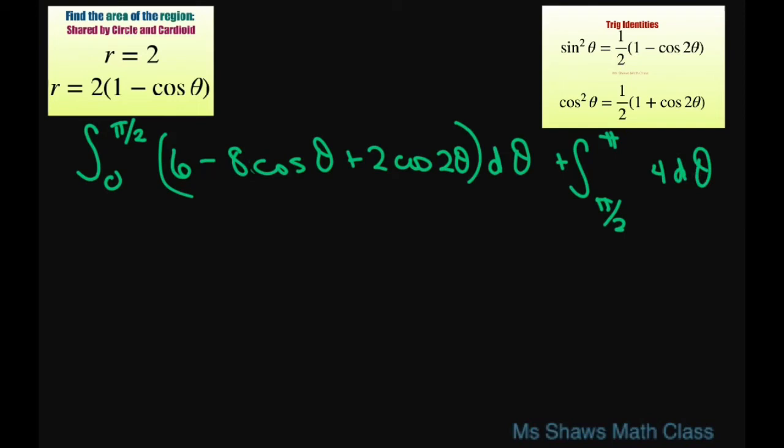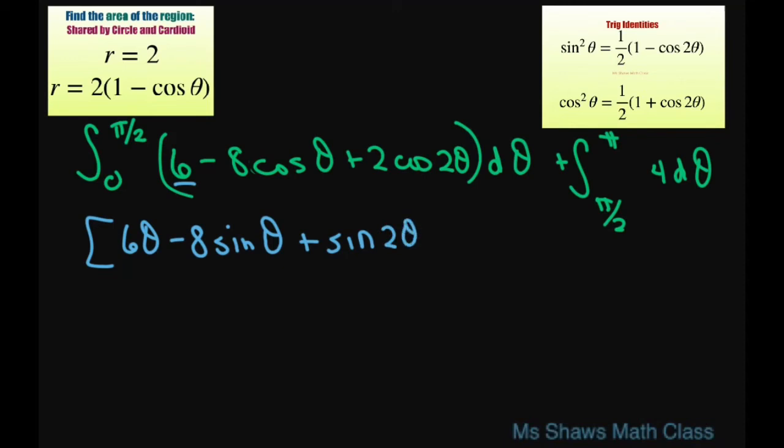Now that we have that, let's integrate all of this. So we're going to get 6 theta minus 8 sine of theta plus sine of 2 theta, and we're evaluating this from 0 to pi divided by 2. For this piece, we're going to get plus 4 theta, and we're evaluating this from pi divided by 2 to pi.